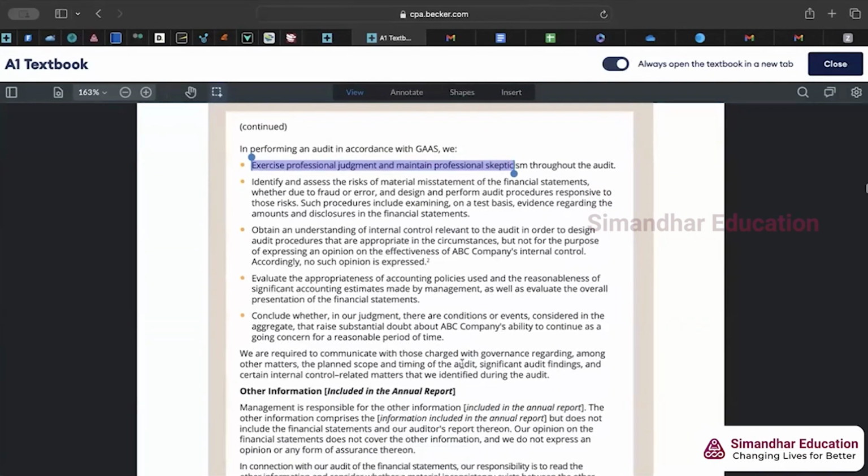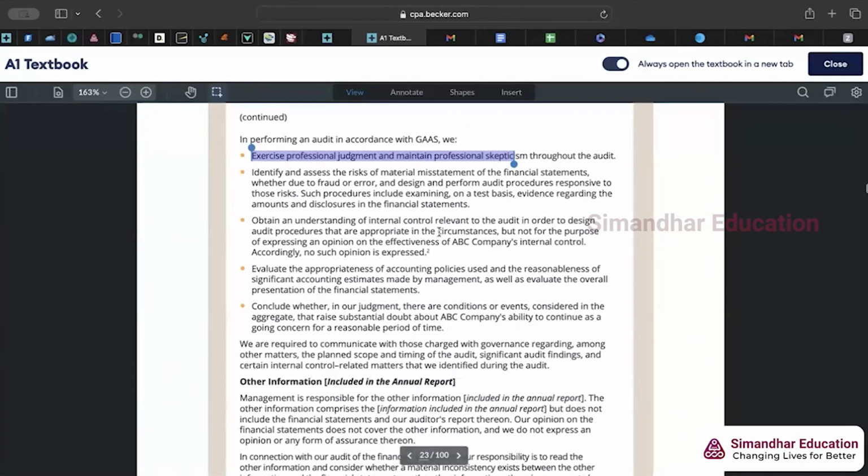We are required to communicate with those charged with governance regarding, among other matters, the planned timing and scope of our audit. This is what is standard, what you put in. Again, firm to firm, there will be additions. At least this language needs to go in as management's and auditor's responsibility, but there would be some additions.